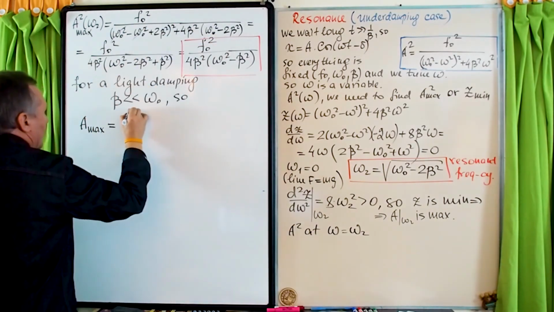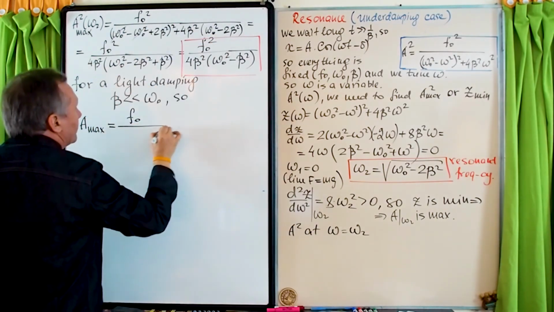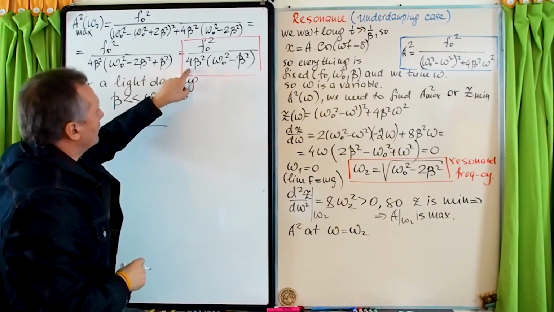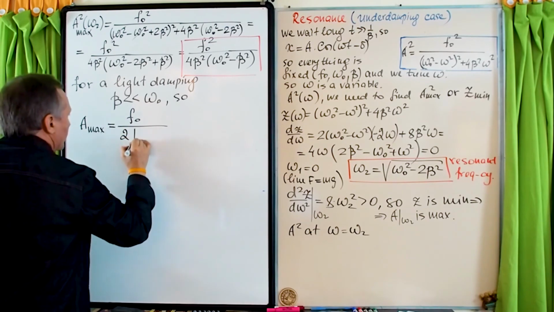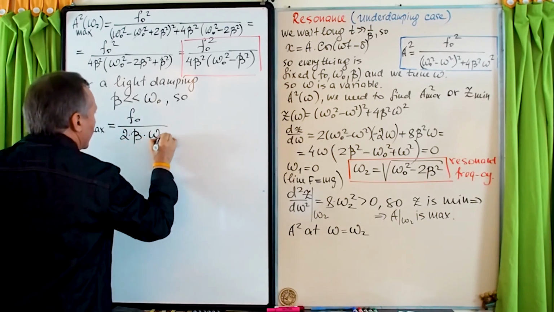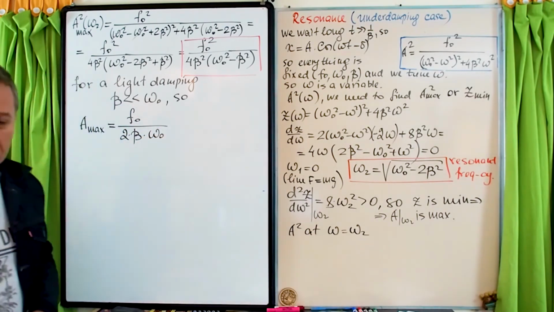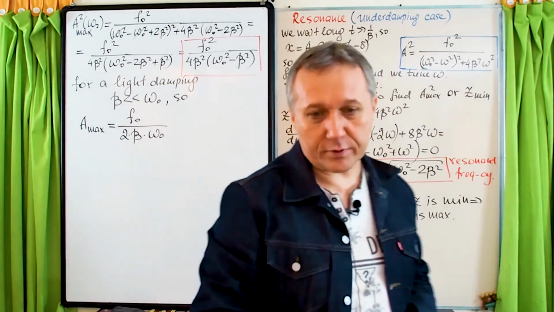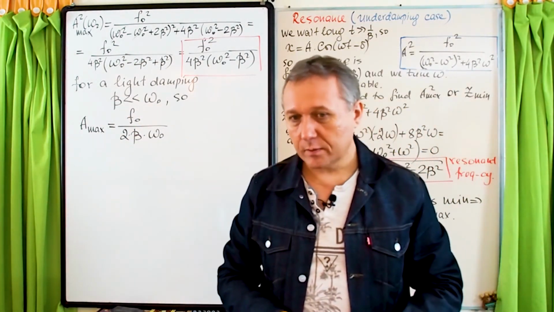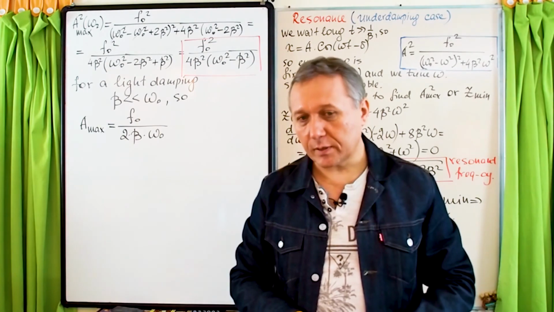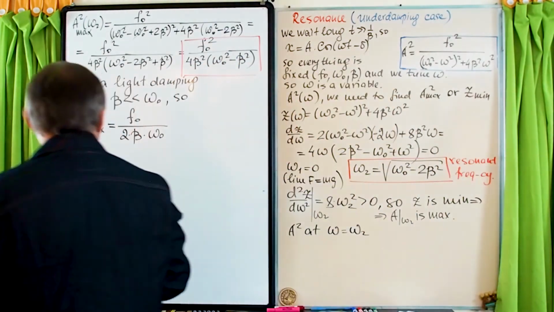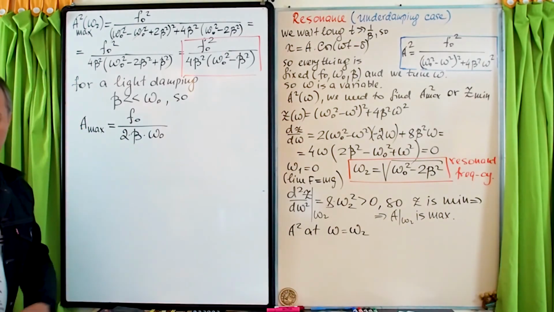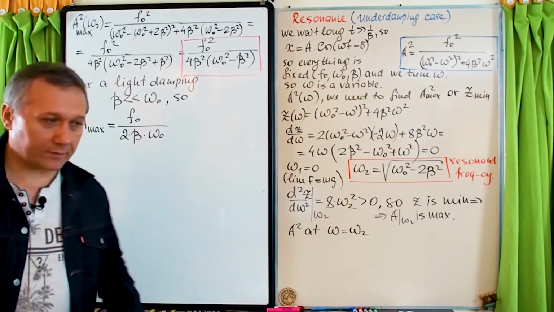So it will be f naught divided by 2 beta omega naught. Again, for the light damping, very special case. And of course, now if beta is too small, the system can be endangered. So amplitude can be so large that construction might not survive.